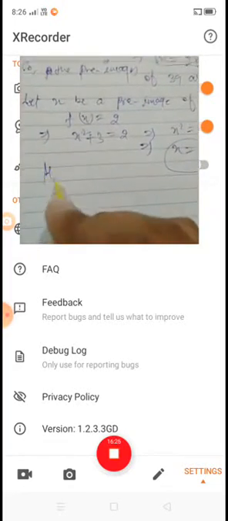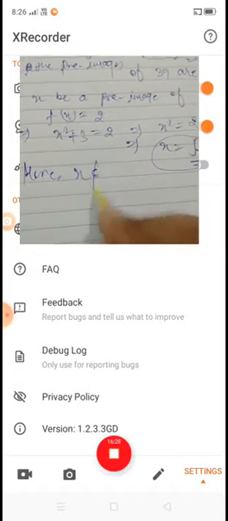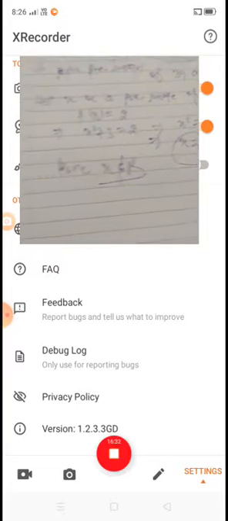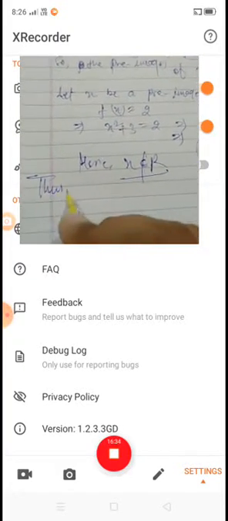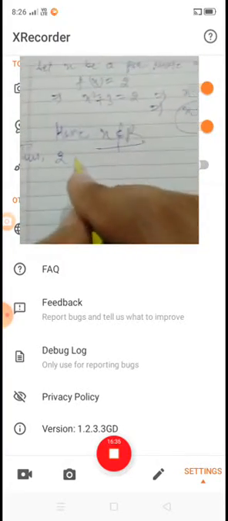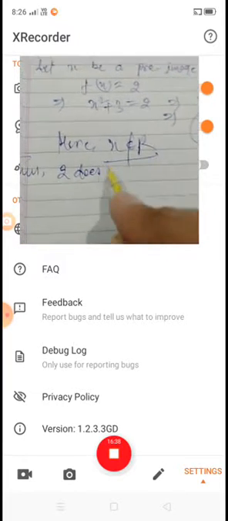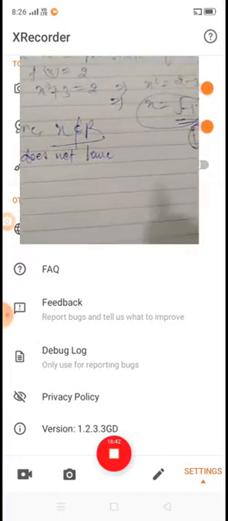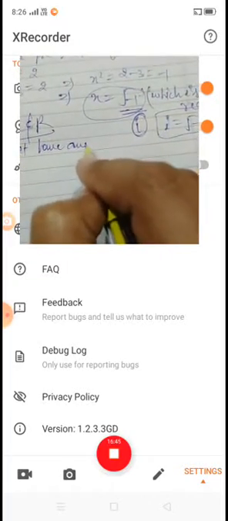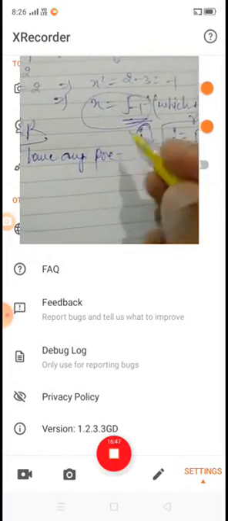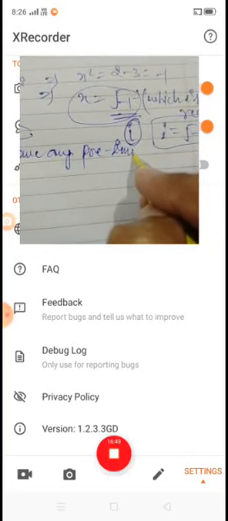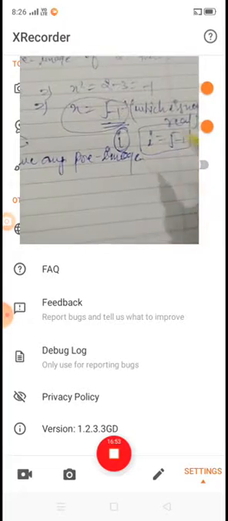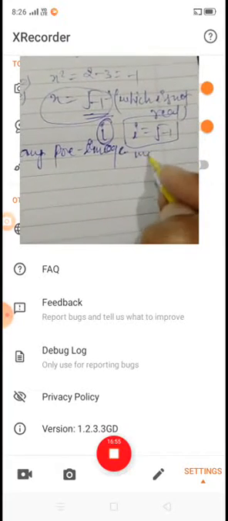Here x does not belong to the real numbers. Therefore, thus 2 does not have any pre-image under f.